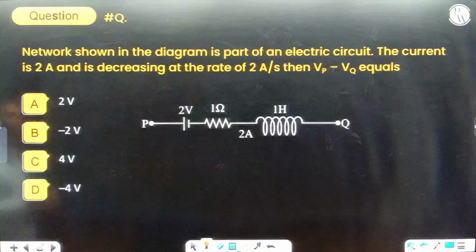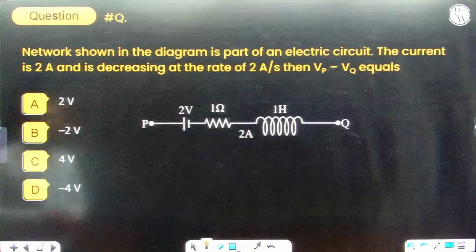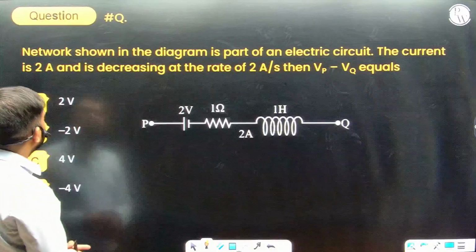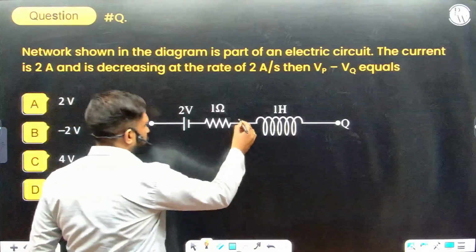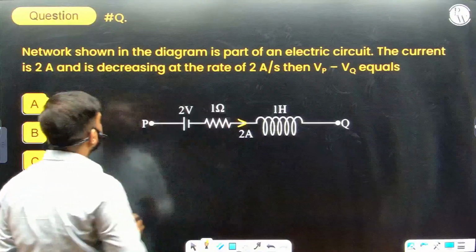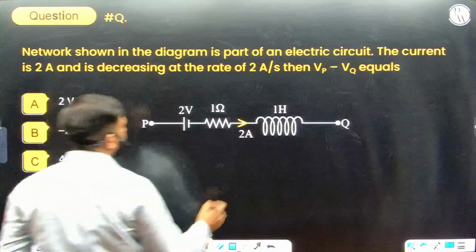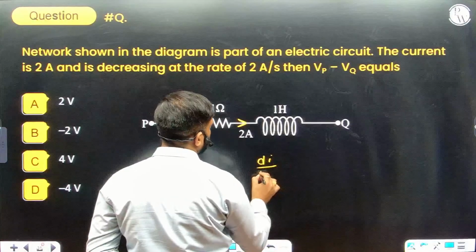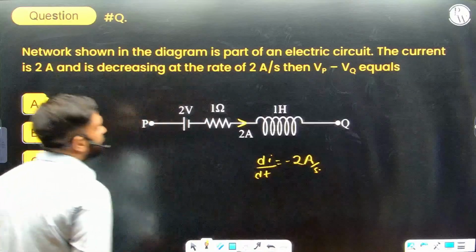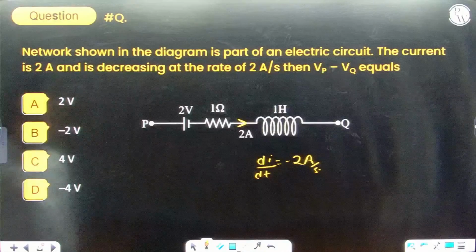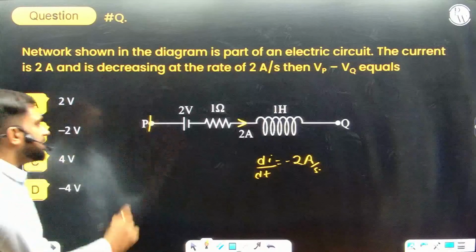Straight question. The network shown is a part of a bigger electric circuit. The current of 2 amperes is there and let's suppose it is going in this direction, and it is decreasing at the rate of 2 amperes per second. Vp minus Vq equals, so we are going to follow the potential tracing.